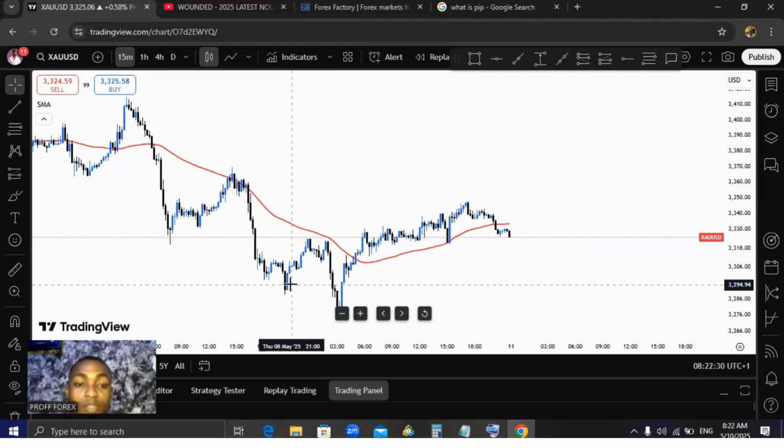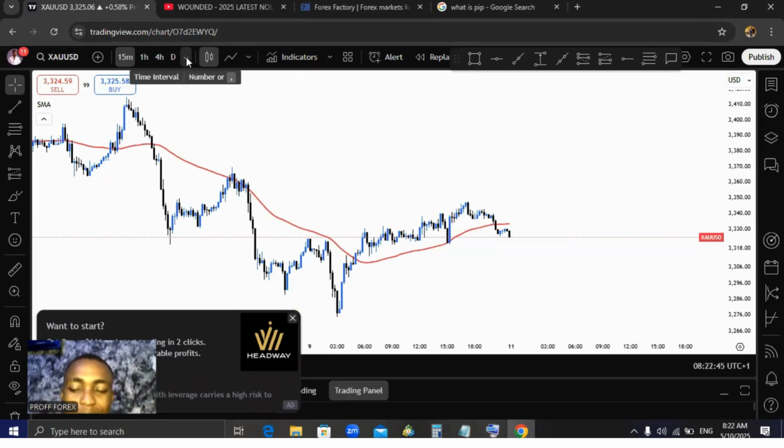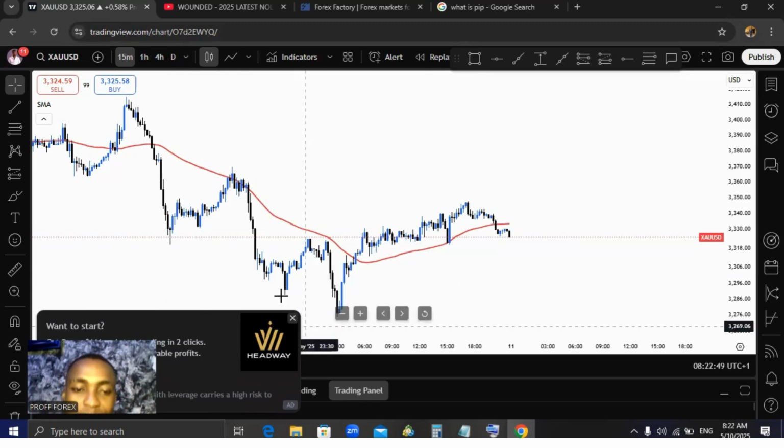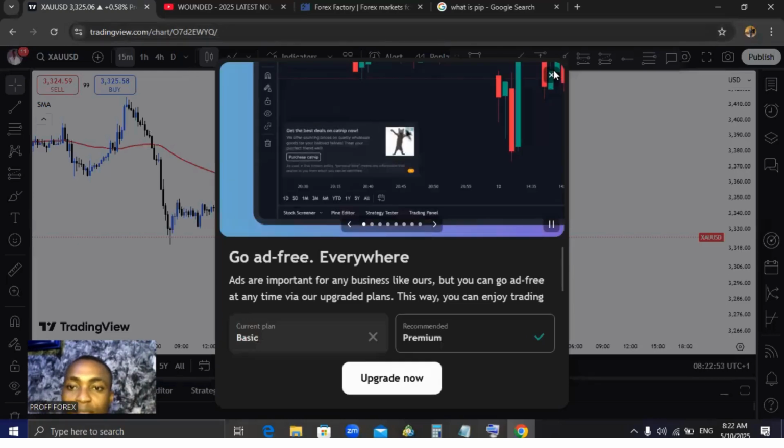So without wasting much of the time, I'll be showing you quickly how to mark out the high and low of the week. First of all, I want to take you to the month of May just to make it snappy, so you will see how it is done in the FOREX market.